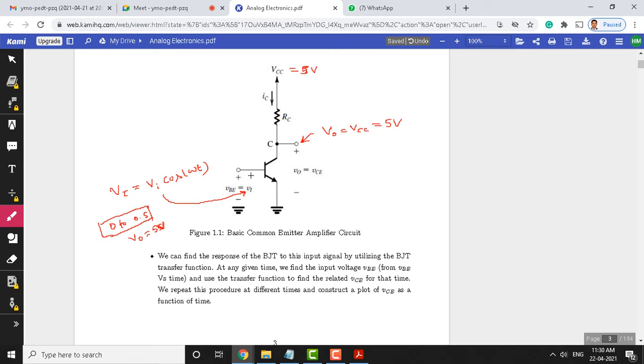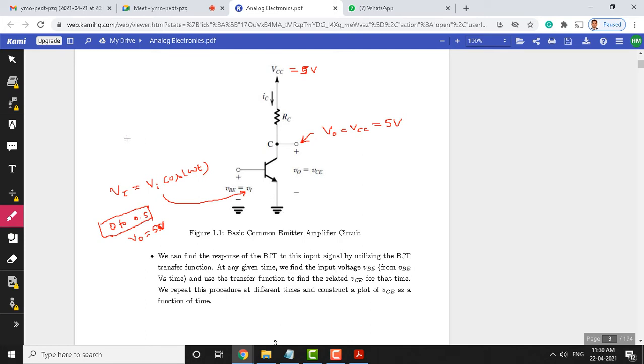We know that the minimum voltage VBE for a silicon transistor is going to be 0.7, but from 0.5 onwards it will start conducting. But look at the condition here: the cosine signal is applied between 0 and 0.5.